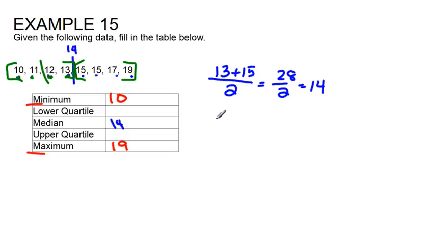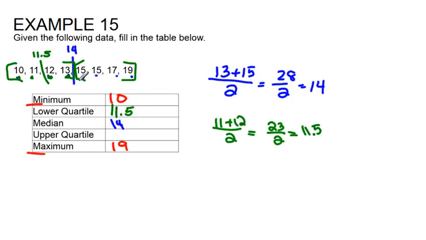So again, I'm going to take those numbers, 11 plus 12, add them together and divide them by 2. That would give me 23 divided by 2, which is 11.5. And if you're pretty good with decimals, you know that 11.5 is right between 11 and 12. So 11.5 would be our lower quartile.